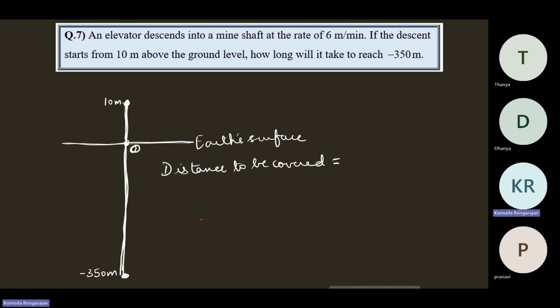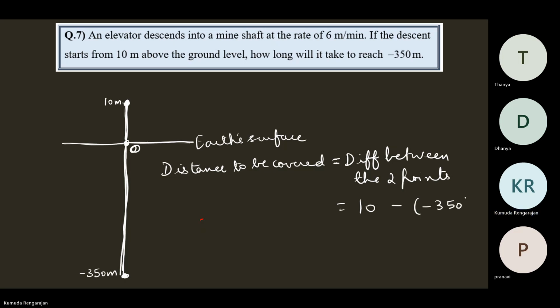Okay, it's the difference between the 2 points. I don't know if you can really follow this through one answer, but let me just try. So difference between the 2 points. We should write the positive one first, 10 minus 350, which is 10 plus 350, which is 360 meters.